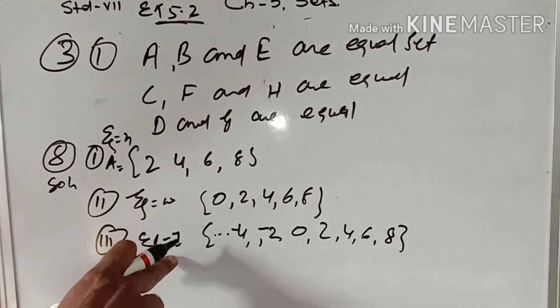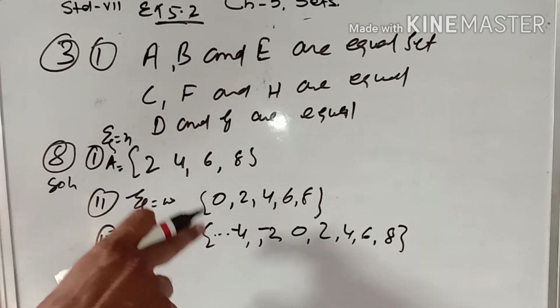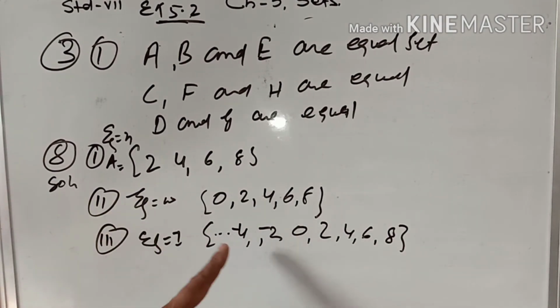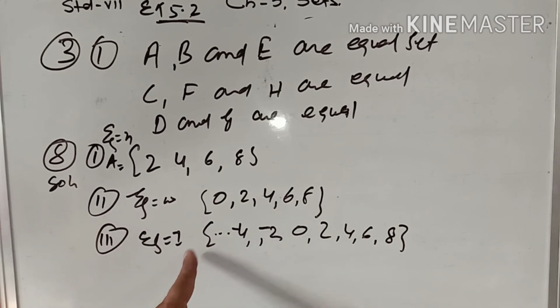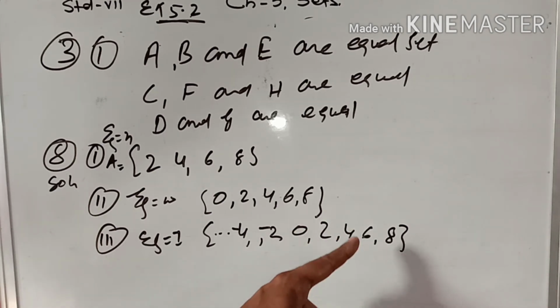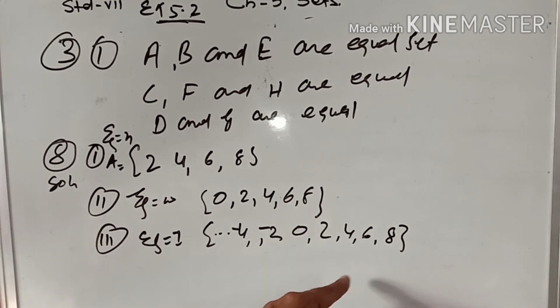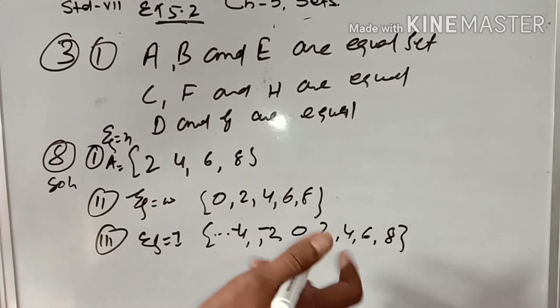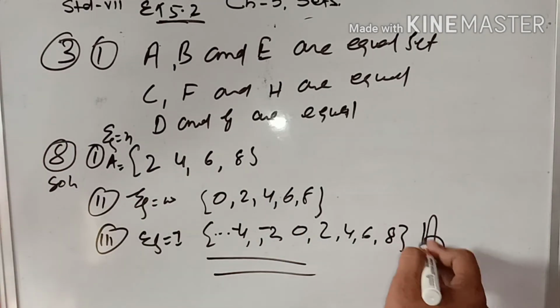Means if I have taken what, 2n equal to minus 1, so it will be minus 2, then minus 4, if 0 then 0, if 1 then 2, if 2 then 4, if 3 then 6, if 4 then 8, because limitation is given what, x is less than 5. So this is the all answers.